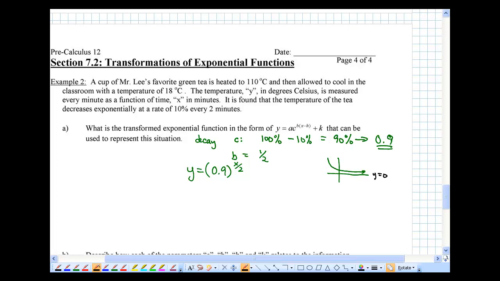Is it 0? No, it seems like it's 18 degrees Celsius. So really, if you think about it, my horizontal asymptote needs to be shifted up here to 18. So knowing that, I think we just solved for k. So therefore, in this case, we now know that k is equal to 18, because that's the temperature that it's going to become and stay at. Okay, that's also your horizontal asymptote.